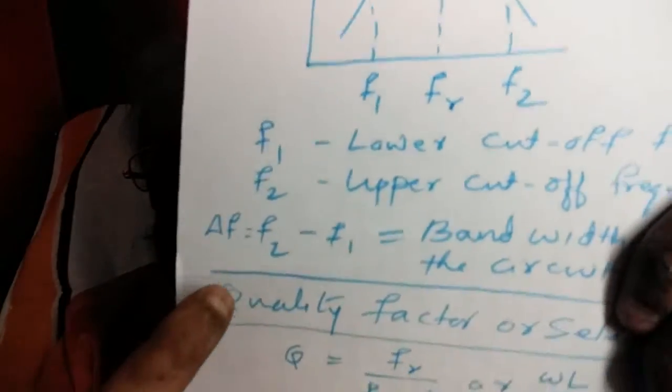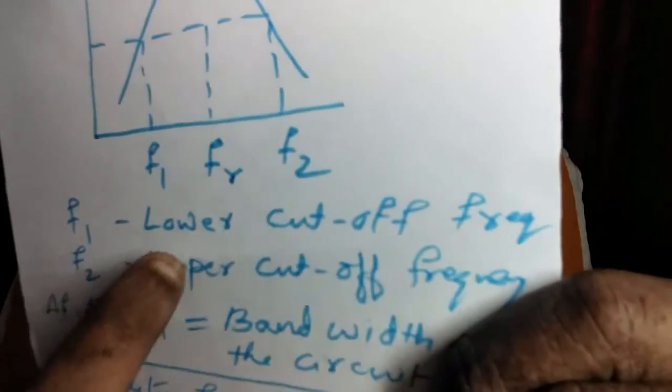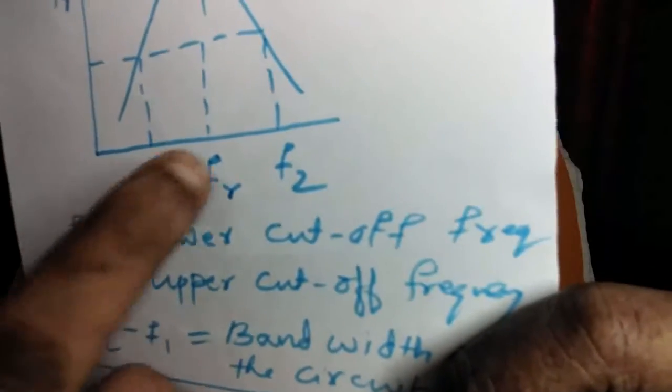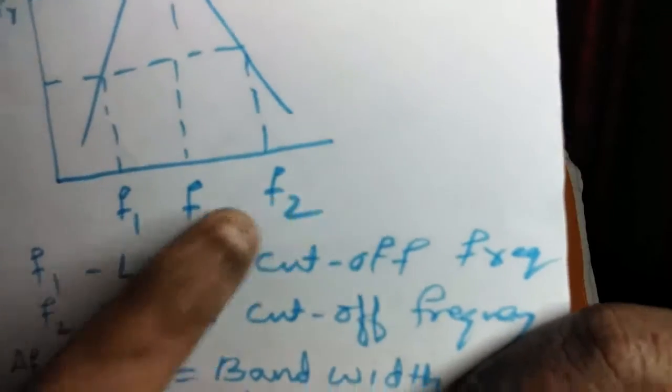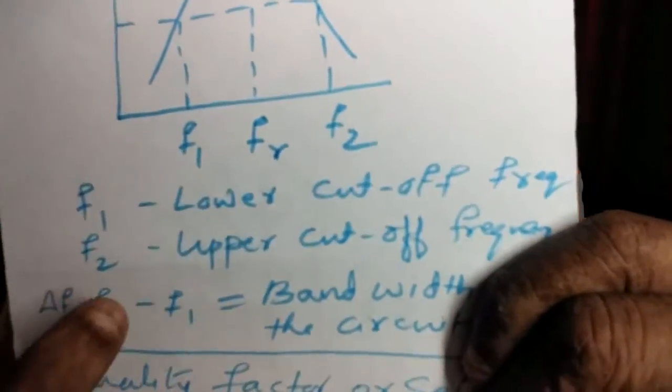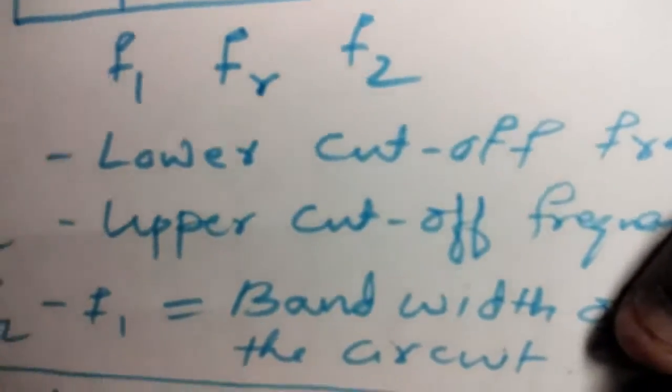F1 is called the lower cutoff frequency, and F2 is called the upper cutoff frequency. The difference between these two frequencies, that is F2 minus F1, is called the bandwidth of the circuit. We will discuss the significance of these things when we discuss questions in QMaster.